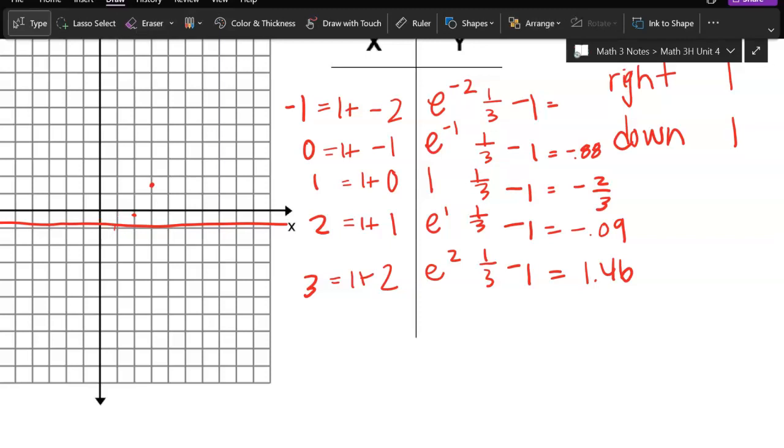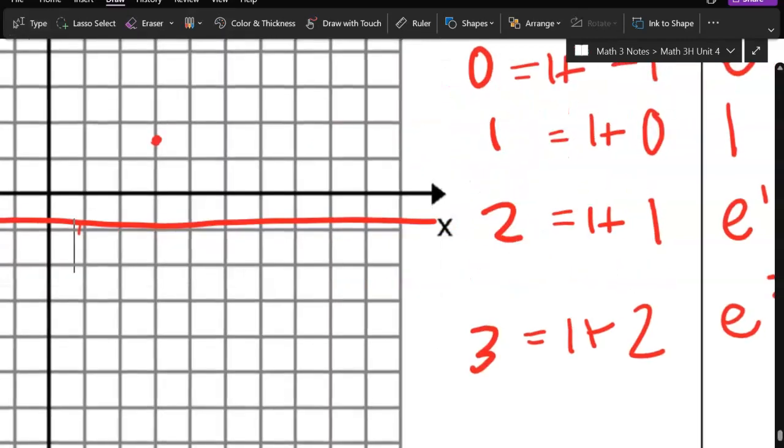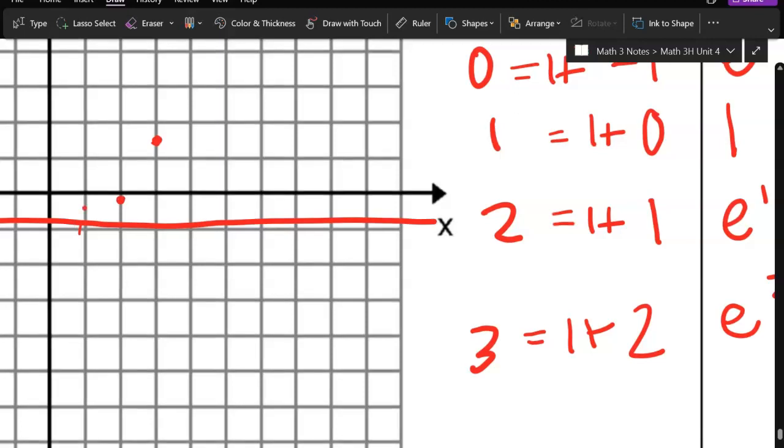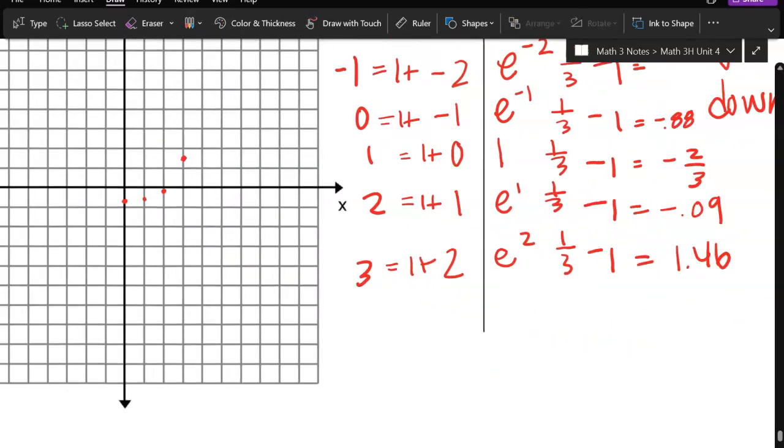The fraction ones are hard to get here, so let's regraph those. And that line is not quite straight. Let's do this.